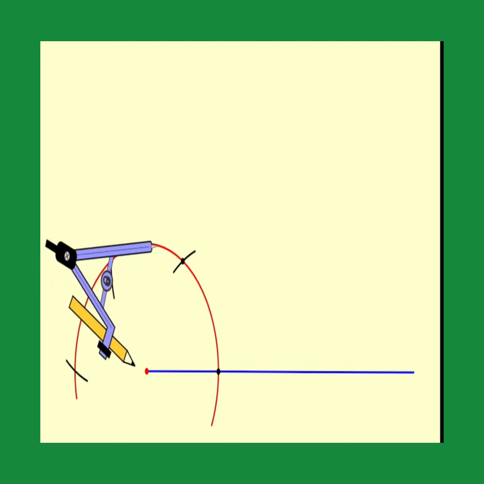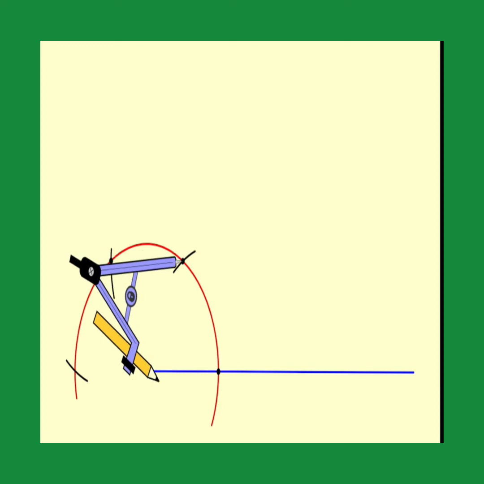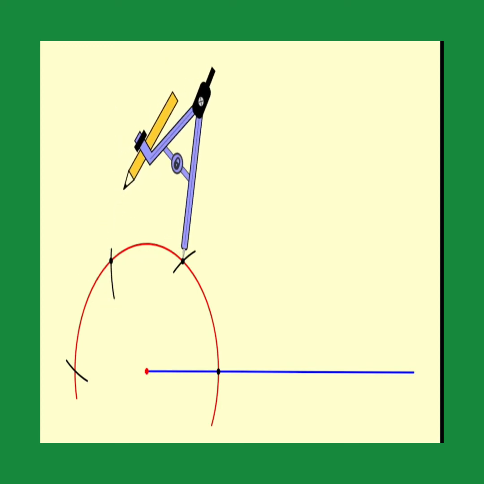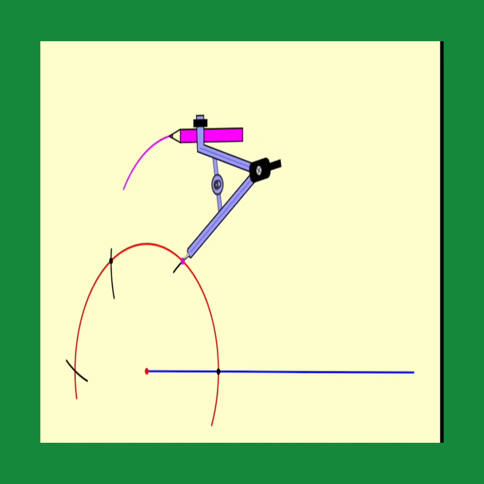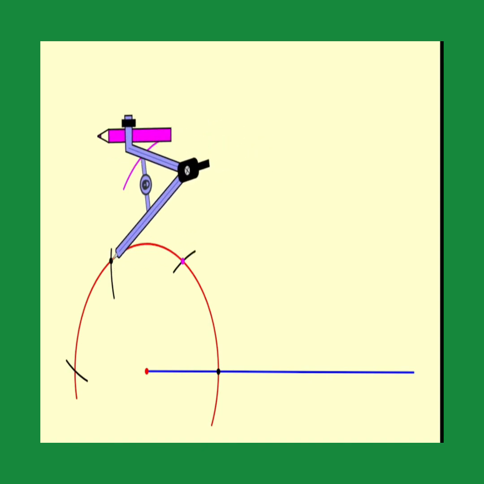So what to do? You will place again this pointer at, as you see on the screen, and then you will draw two arcs for constructing angle 90 degree.